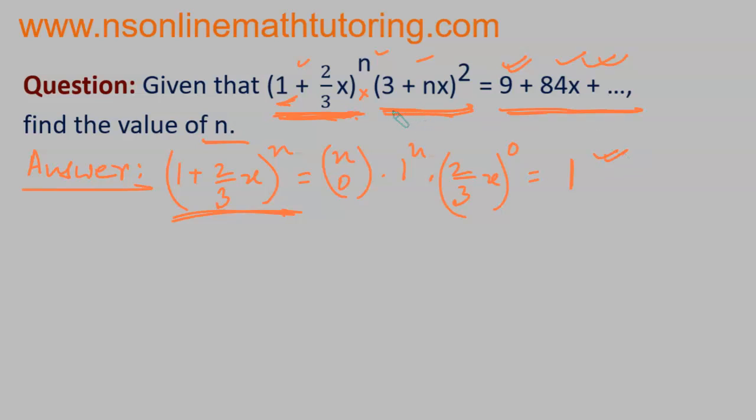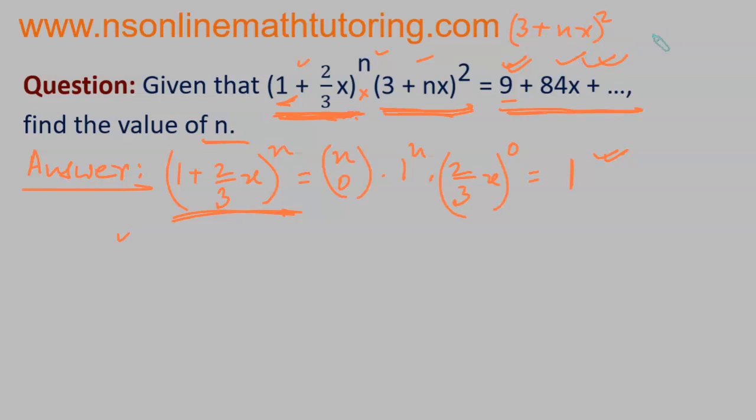This, when it gets multiplied with another constant term, will be giving us the value of 9. And what will be this constant term? Let me just write it over here. 3 plus nx whole squared. Because I'll be writing some more terms from this binomial expansion, I don't want to write this just beneath that one. So I'm writing the expansion.